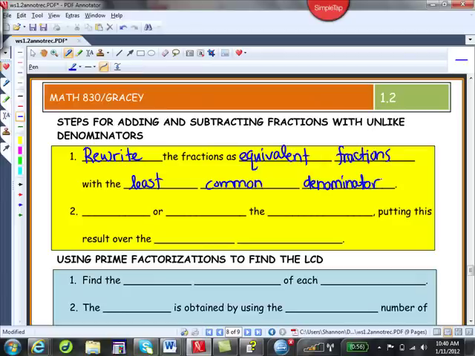Add or subtract, depending on what the operation was, the fractions, putting this result over the common denominator.